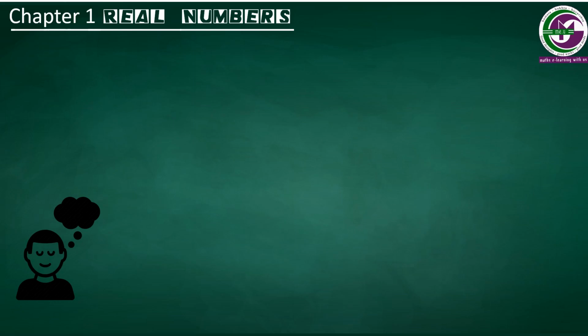In lower classes, you started with the natural numbers or counting numbers, numbers like 1, 2, 3, 4, up to infinity. Then later you added 0 to natural numbers to get the set of whole numbers.